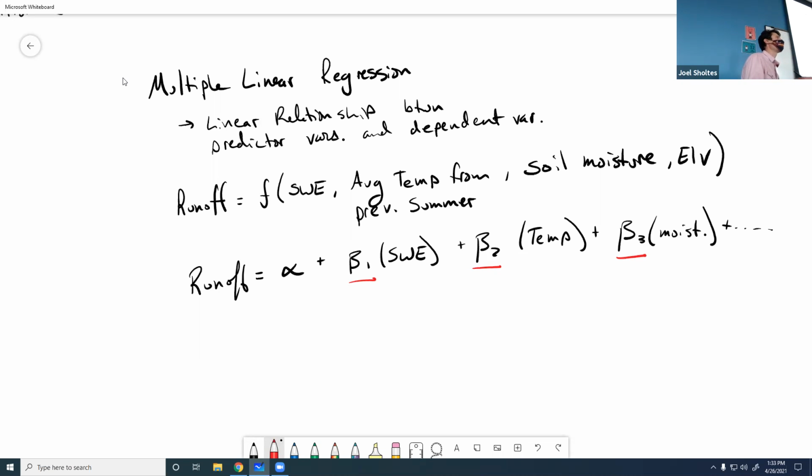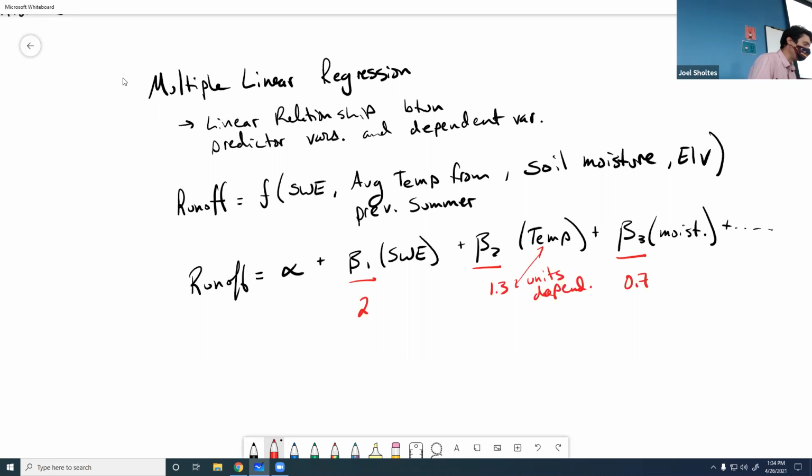You can think of that as the strength of the predictor variable. So if the beta for SWE is 2, then maybe temp is not as strong a predictor, so maybe that's around 1.3, and soil moisture is a little bit less strong, so that's 0.7. And obviously these coefficients are going to be tied to the units, right? If I use Fahrenheit versus Celsius, I'm going to have a different beta value because the units are really important.